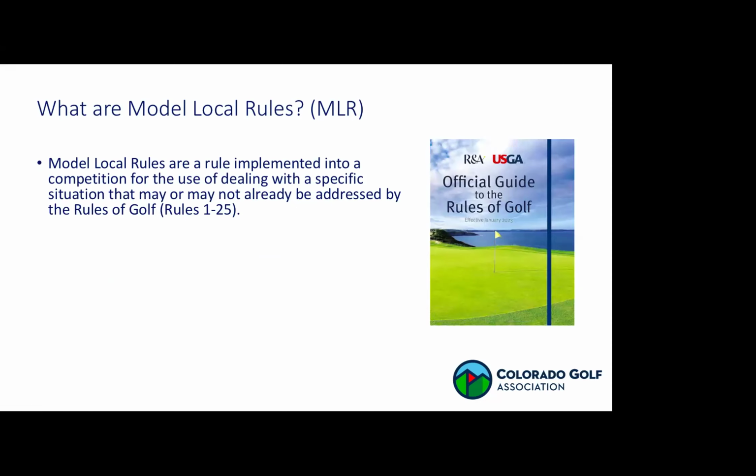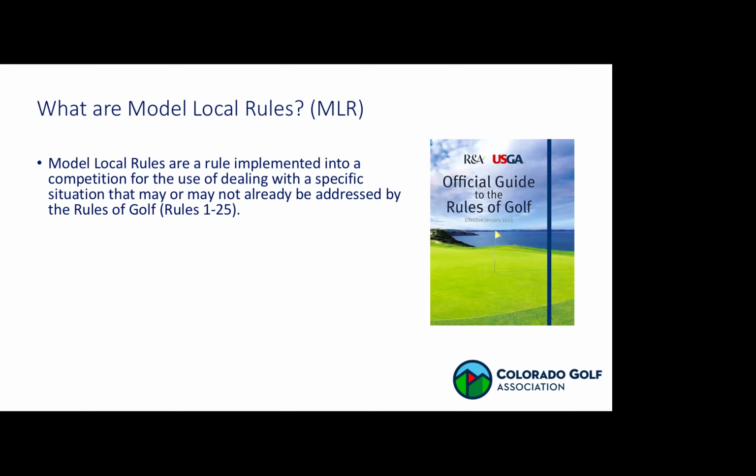So we'll talk about what is a model local rule. If you're looking through your rules of golf book that looks like this, you're probably not going to find the model local rules. You need to be looking in this bigger, thicker Official Guide to the Rules of Golf to find those model local rules. All they are is supplementing the playing rules that already exist, rules 1 through 25.